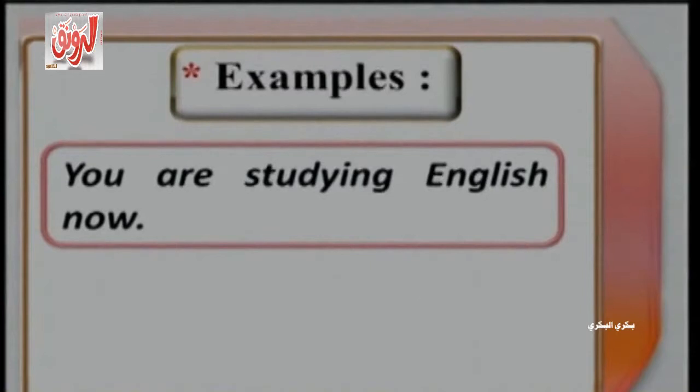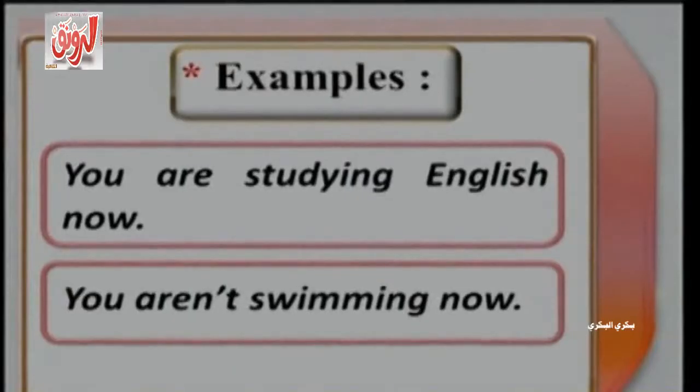Studying is the present participle. Therefore, the present participle means the verb plus the ing form. What about now? You are studying English now, at this moment. Be careful. These things always draw your attention to something happening at present. Therefore, similar to adverbs, they tell when the action happens.